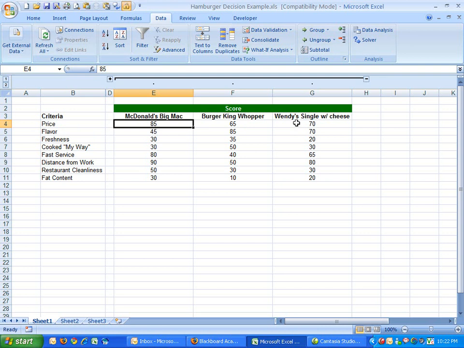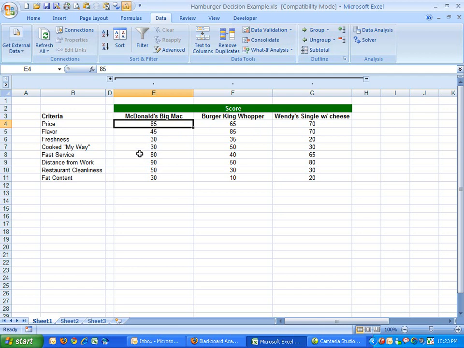Well, if that's the case, then we have to figure out how to convert the price of the hamburger onto a scale of 1 to 100. And again, that can get tricky because the more expensive, the lower the actual score. So we've got to figure out a way to do that, and I'll let you think about the best way to do that.